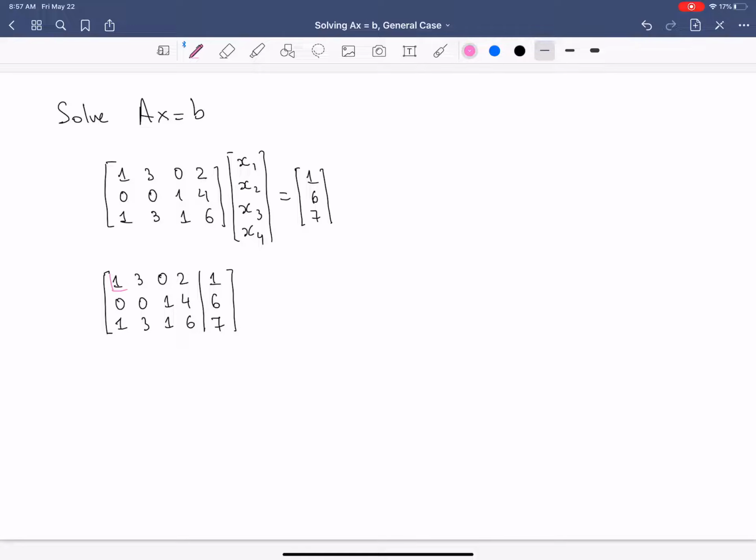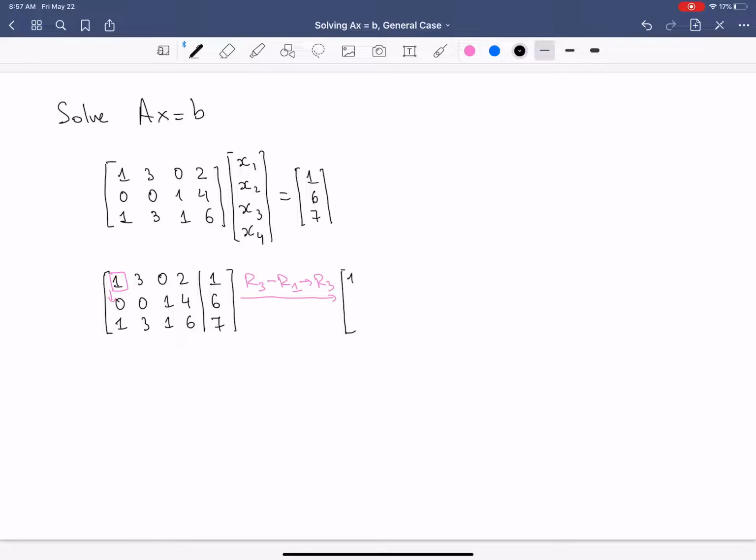Recall the strategy. We are reducing first under the first pivot. The operation is, there's nothing to do in the second row, so we'll just do R3 minus R1 into R3. We apply that on both A and b.